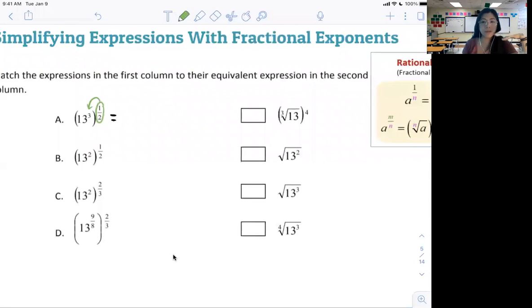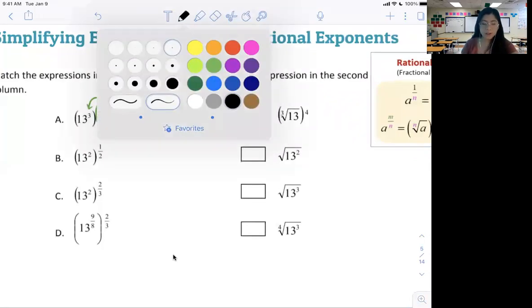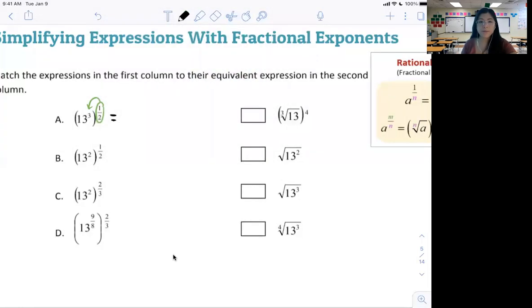I need to multiply it with the exponent that's on the inside. So I got to do 3 times 1/2. What's 3 times 1/2? 3/2. Yeah, 3/2. 3 times 1/2 is 3/2.